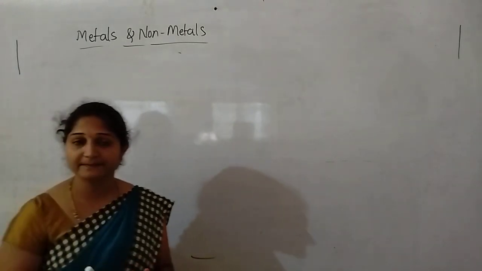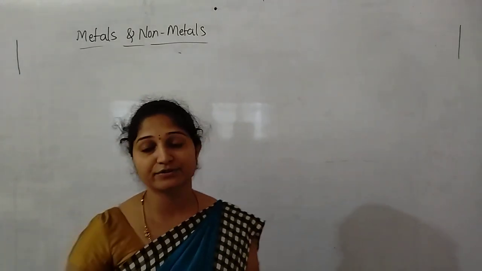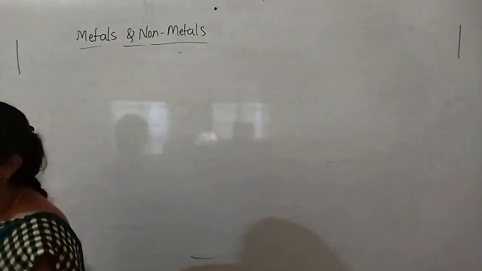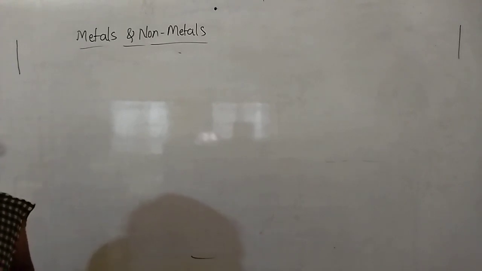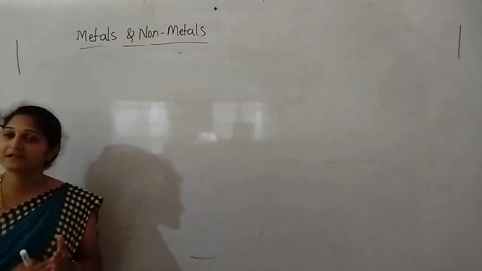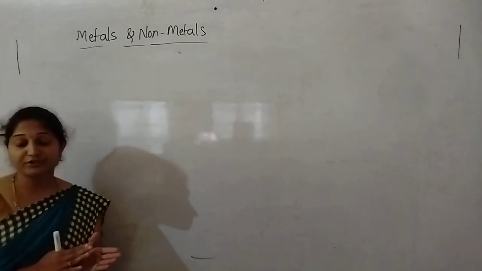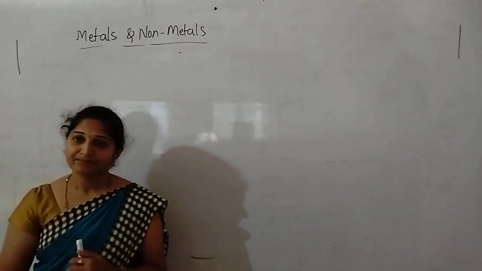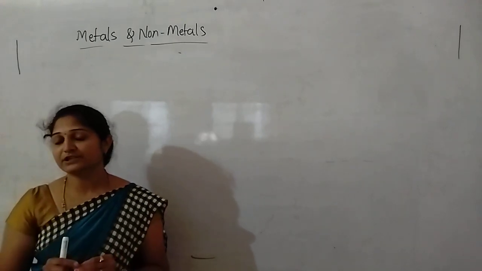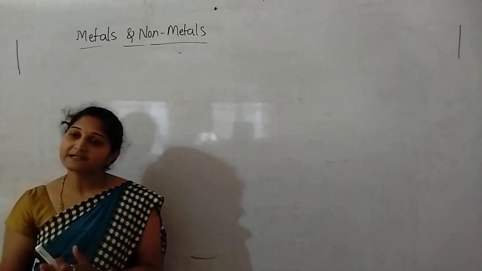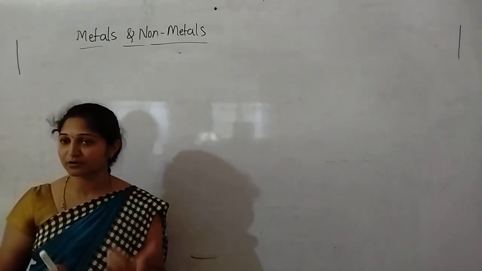Usually, children, when a metal reacts with the salt solution of another metal, they exchange their ions, they displace. How do we define that? The more reactive element displaces the less reactive element from the solution.